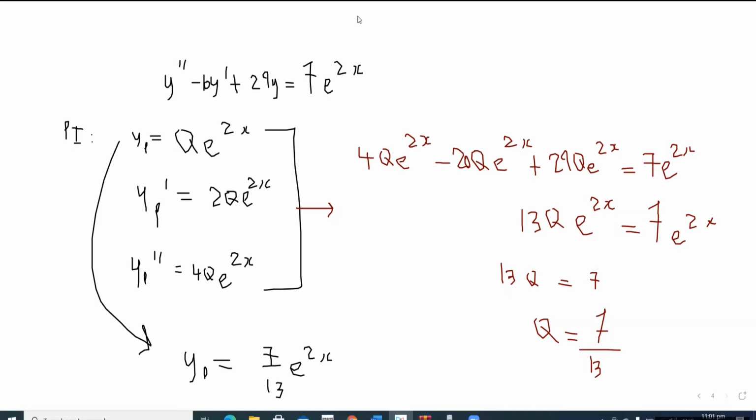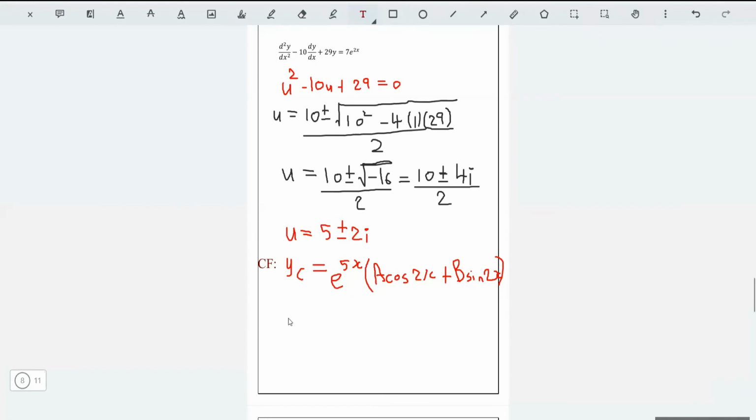So that means now our general solution, and remember, it's equal to the complementary function plus the particular integral.